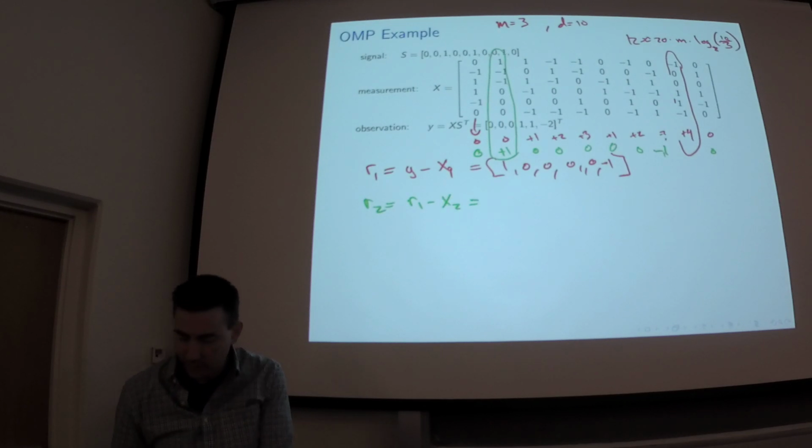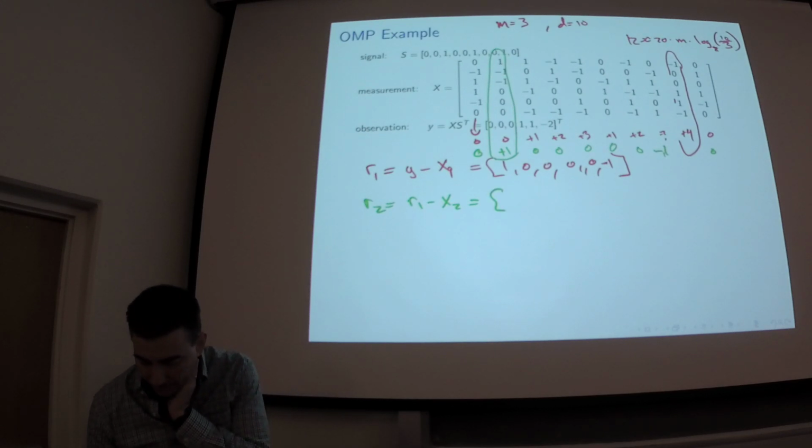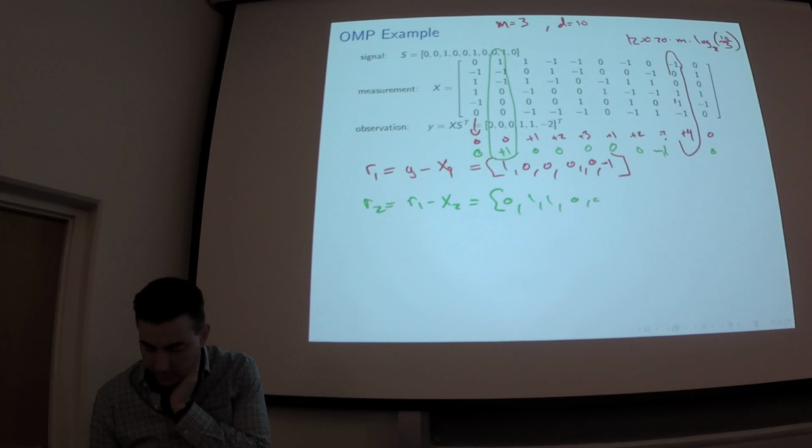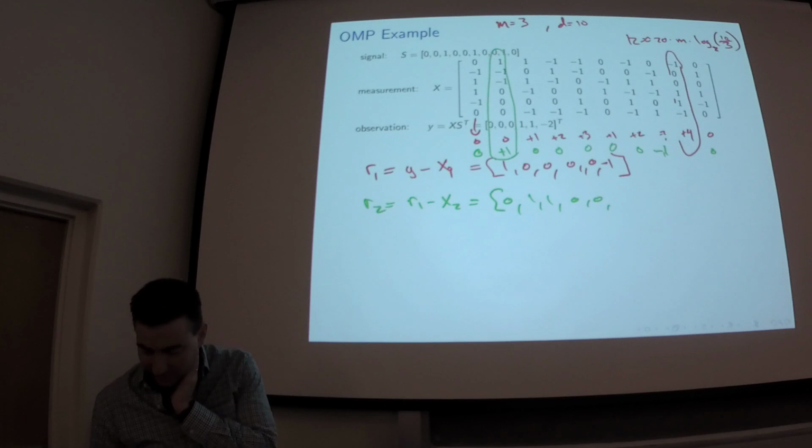So x2, good. What's going to happen now? This term is going to go to 0. I'm going to get a 1, a 1, a 0, 0, and -1. I'm still not picking the correct coordinate, but let's just go with it.